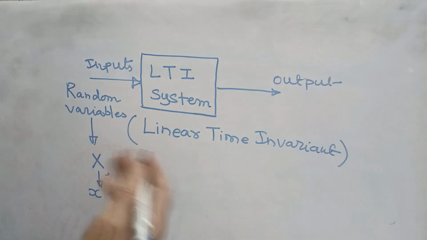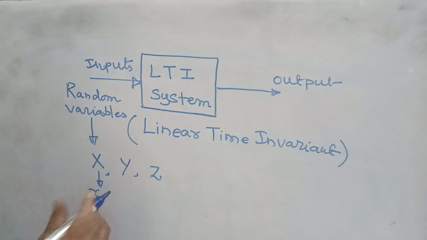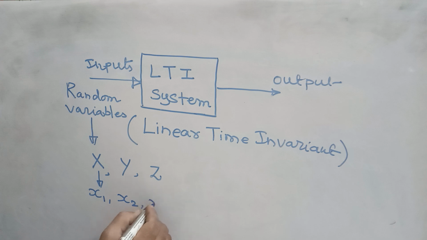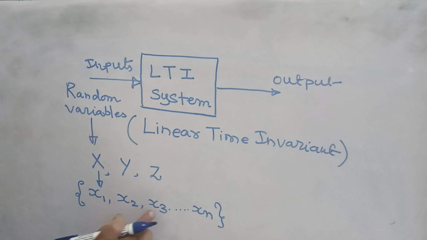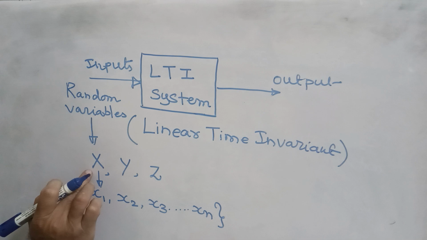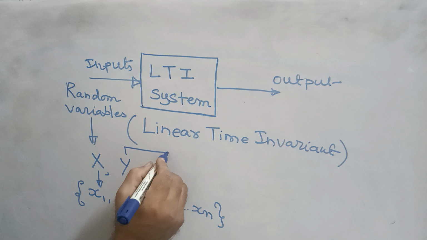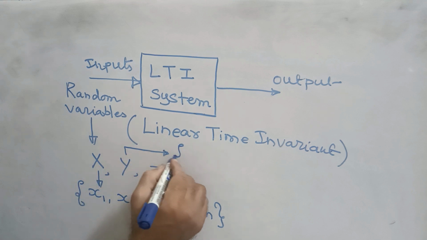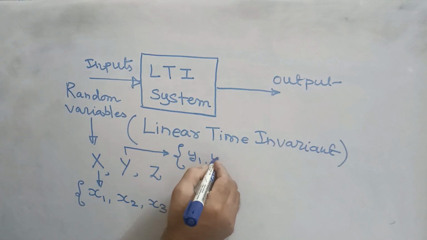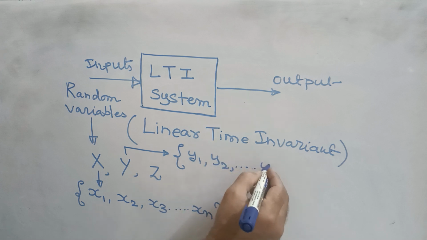The possible outcome values of capital X are denoted by small x, maybe x1, x2, x3 and so on up to xn. They must be denoted in brackets like this. Similarly, for random variable Y, the possible outcome values are small y1, y2 and so on up to yn.